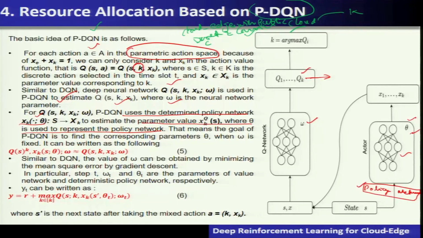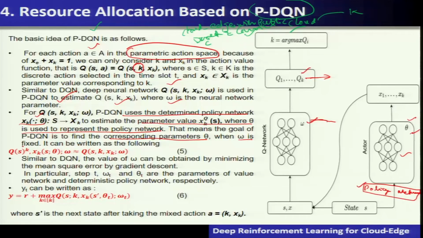That we have already explained. This means that the goal of PDQN is to find the corresponding parameter, that is theta, when omega is fixed. So when you fix omega, you have to find out which theta, that means which policy in that policy network, will be the better one.